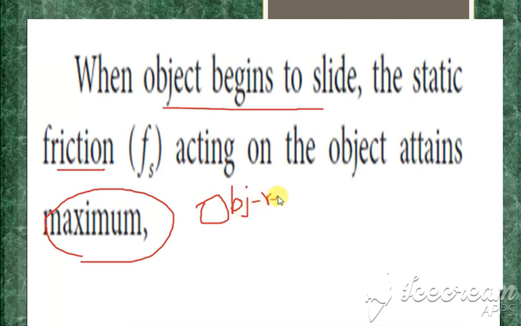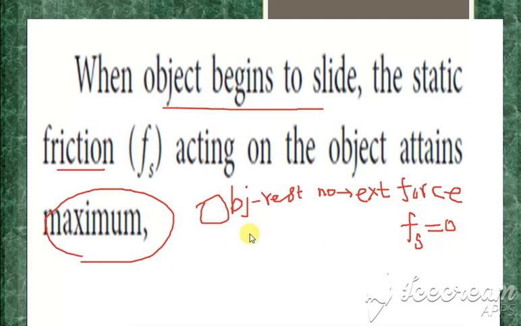What are the three conditions? First, the object is at rest and there is no external force. If there is no external force, then the force due to static friction is zero. Next condition is the same object is at rest but there is an external force.